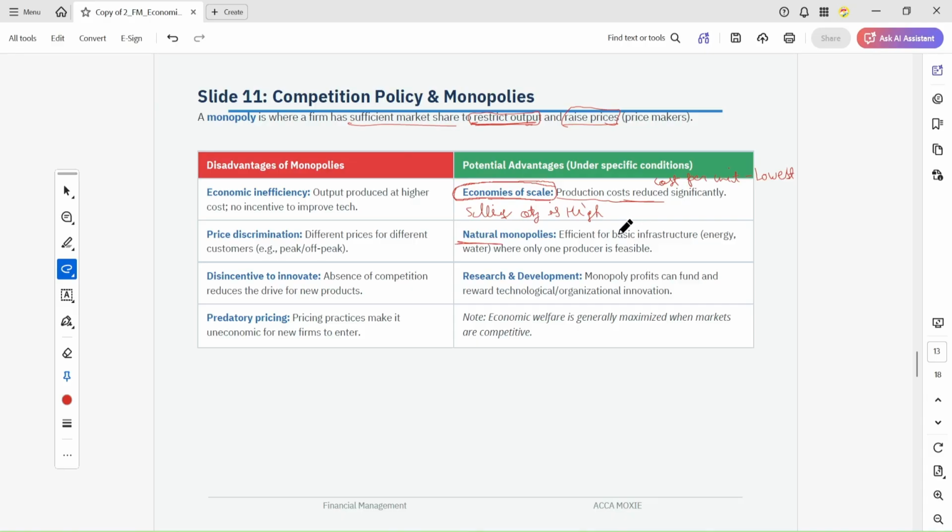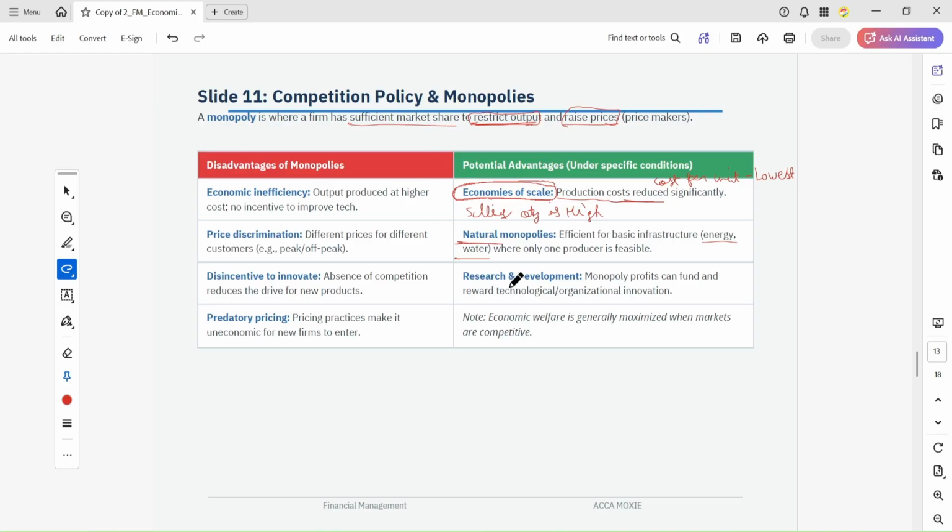These natural resources are limited, so the government holds the monopoly position, and this monopoly is good for the citizens because the government usually sells these goods and services at a very low price. So this kind of monopoly is beneficial for the citizens.